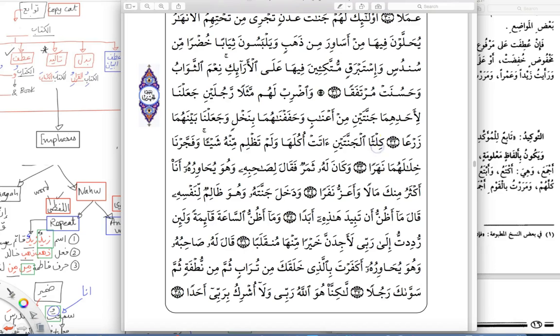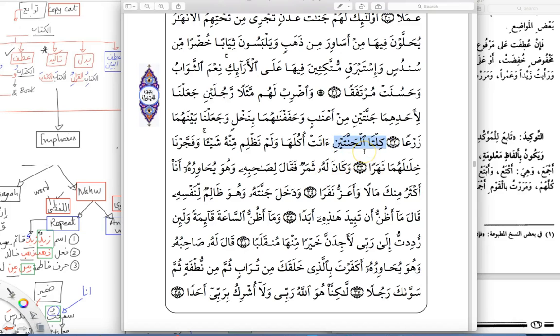So this kilta over here is that kilta that we're talking about. This is in the rafa state. Okay, the rafa state, so kilta is the mudaf, and jannatayn is the mudaf ilayhi, and this is actually considered to be the mubtada.